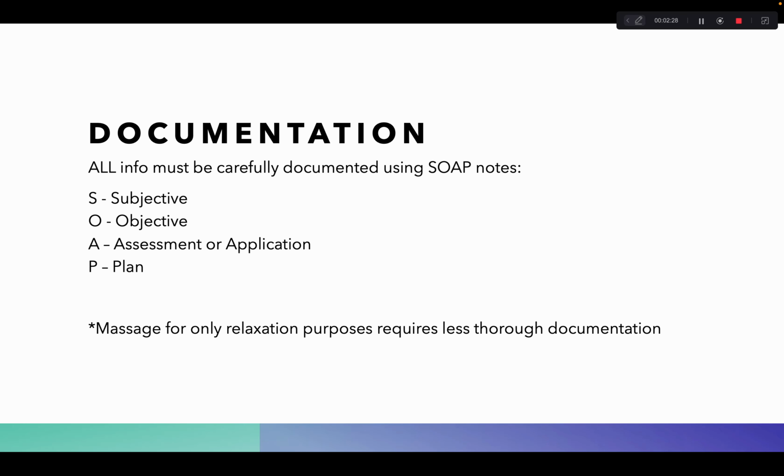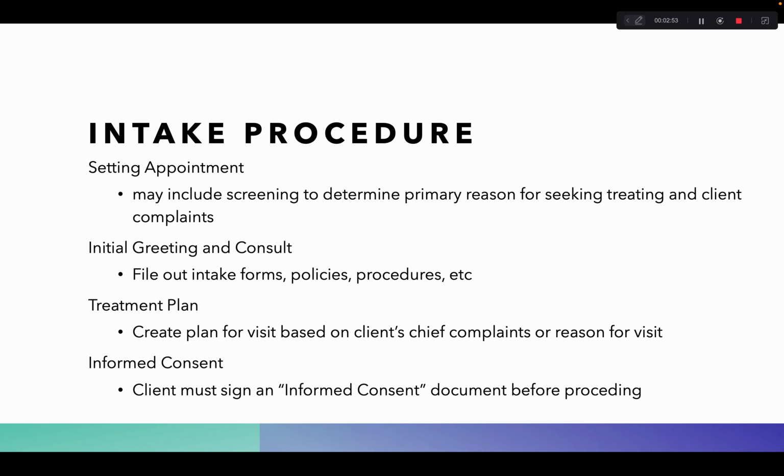Assessment and application: client left relaxed, no other complaints, something like that. Plan: resume massage as needed is an easy one. So it'd be a very quick, a lot less thorough documentation.